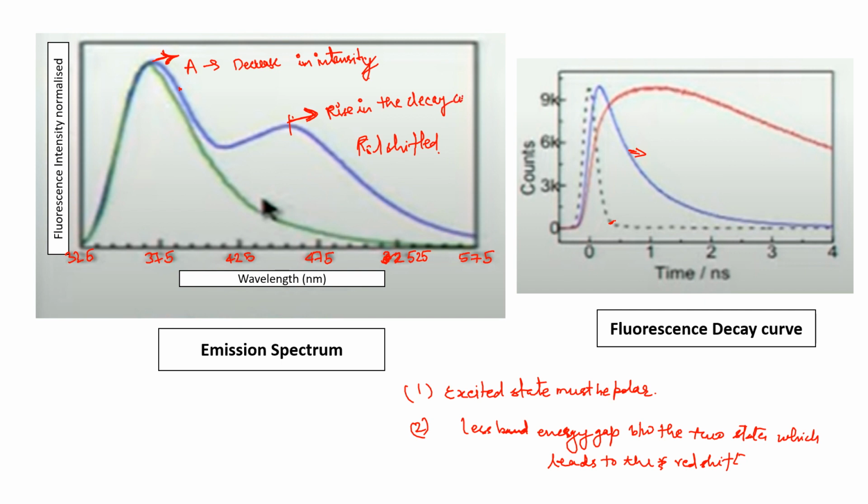Okay, why is this so? Because as a function of time there will be more population that will shift from this higher state to this lower energy state. Now what happens?